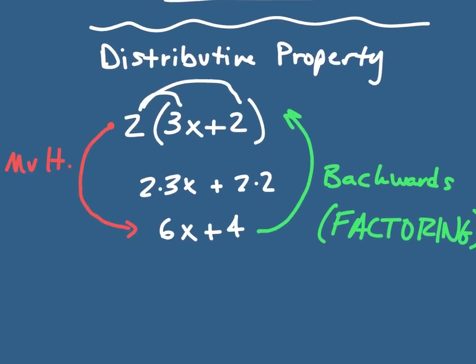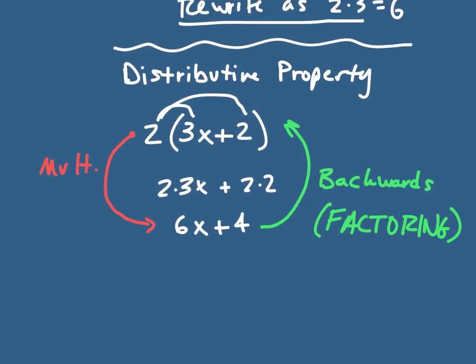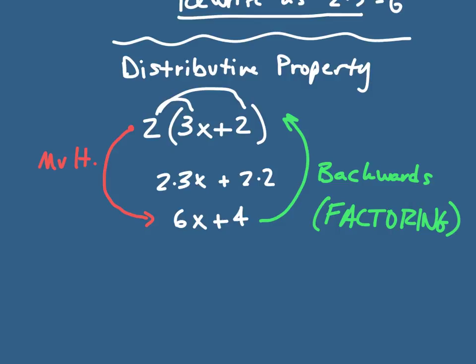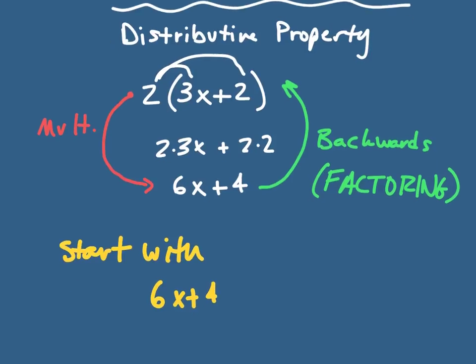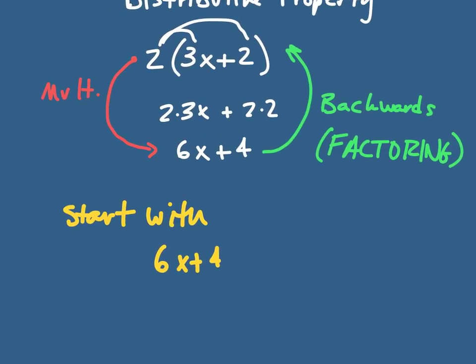If you think about this, I talked about this in the videos, but let's start with 6x plus 4, and I want to factor this. What I would do is ask, what number divides into 6 and into 4? What common number divides into them? And that common number is 2.